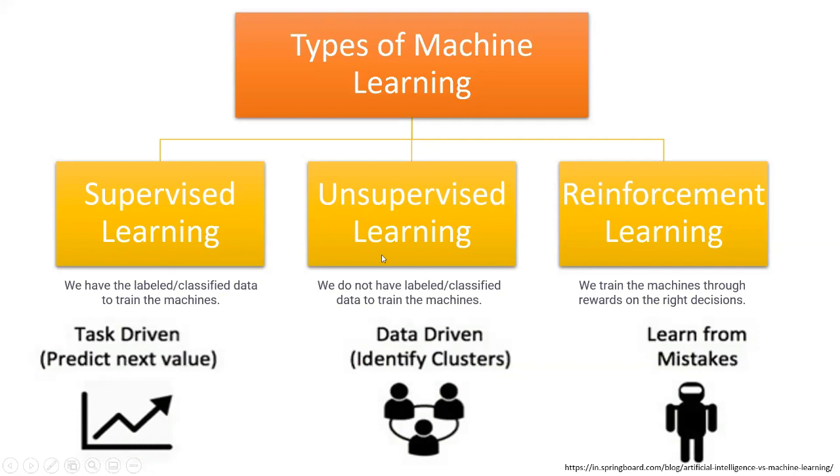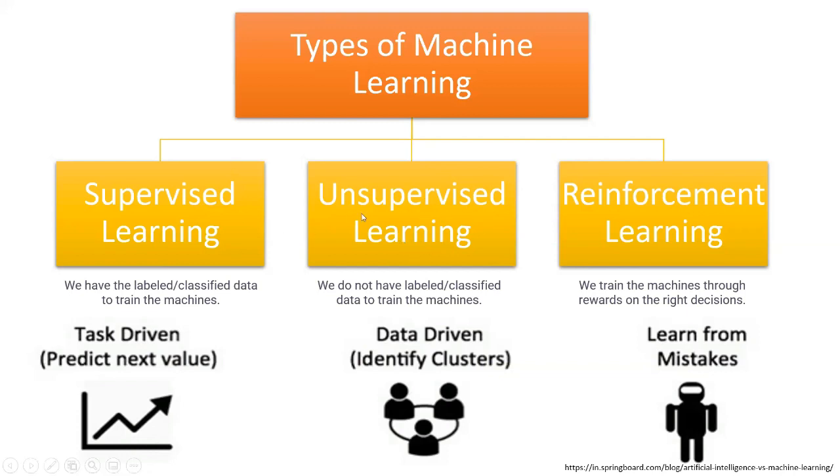In unsupervised learning, we give the data to the model, but it is not labeled. So we will give the plan. It will be properly made. It will be a partitioned plan with the walls and windows and doors, entrances, but there will not be labels. Which room is what, that information will not be there in the data.